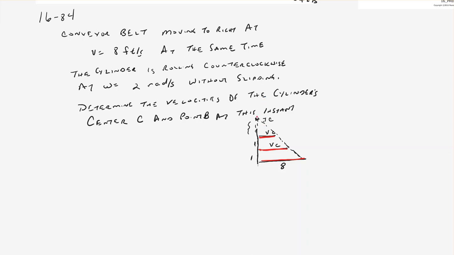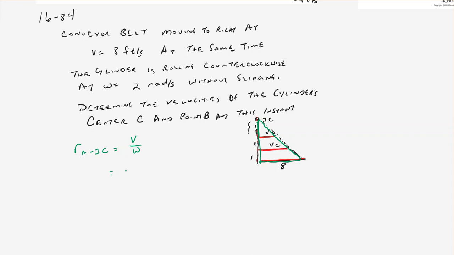So this part up here is what I'm trying to determine. This is me figuring this out. Okay? So what I can say is that R of A to the instantaneous center, let's just call it R, is equal to V over omega, right?